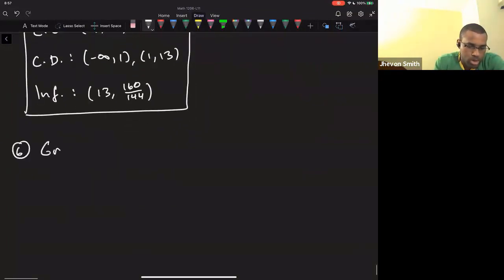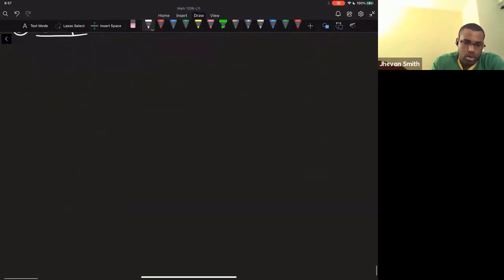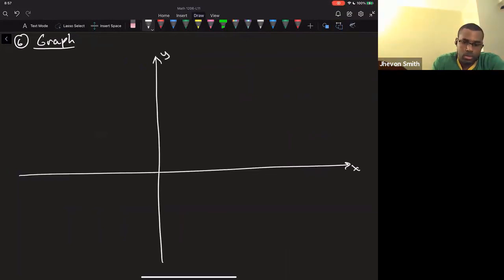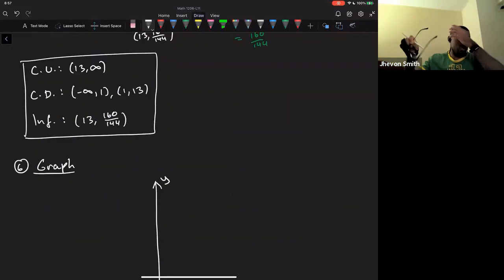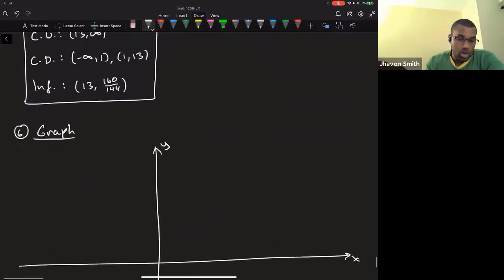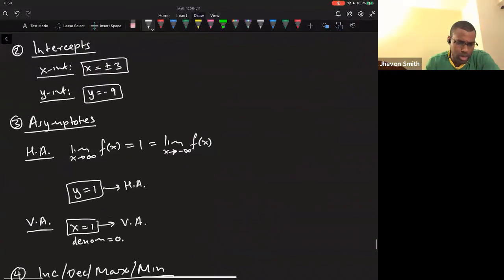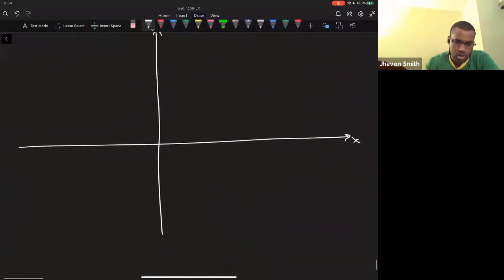This is step 6 where we're going to graph it. Okay, let's go back. Where are we? Intercepts plus or minus 3 and y equals 9. So minus 3, plus 3, y equals minus 9.